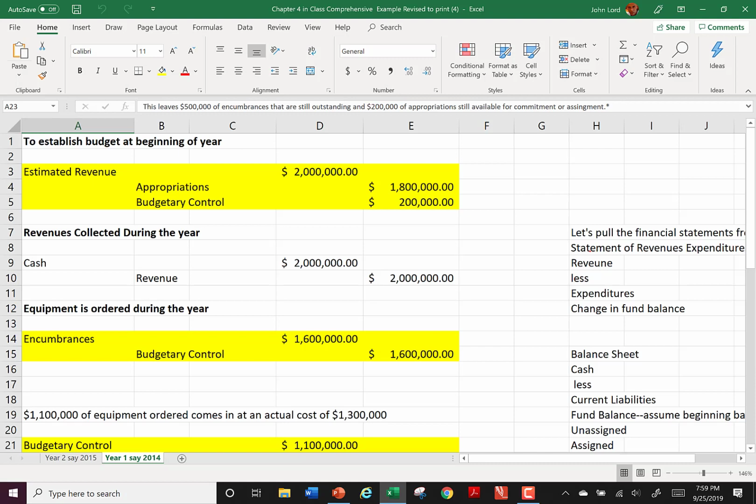Now I think I can about fit this all on the screen, and it's helpful if I can keep track of some T accounts as we go along here. So let me erase all this.